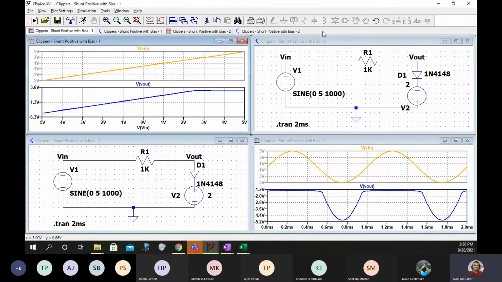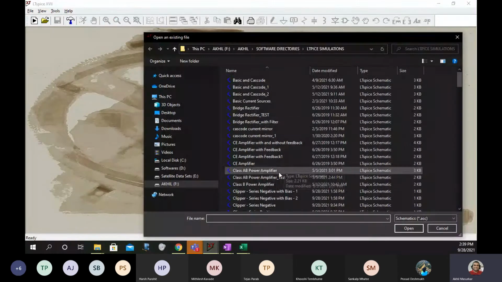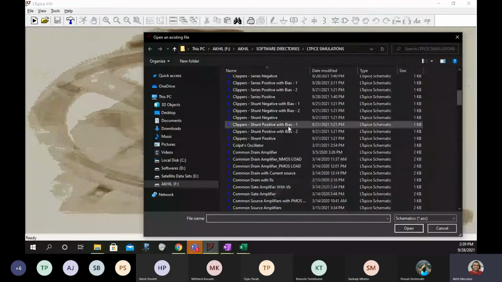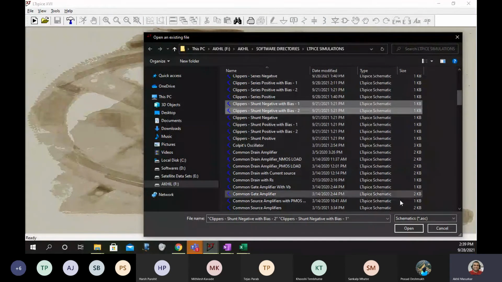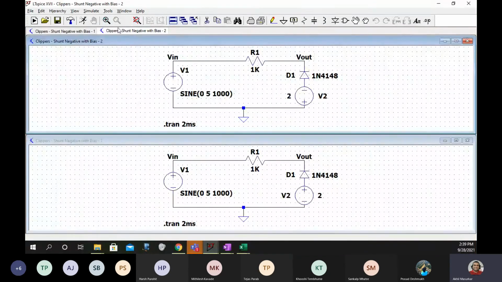Yes. Now let's go to the next circuit, negative clipper. So all we are going to simulate.